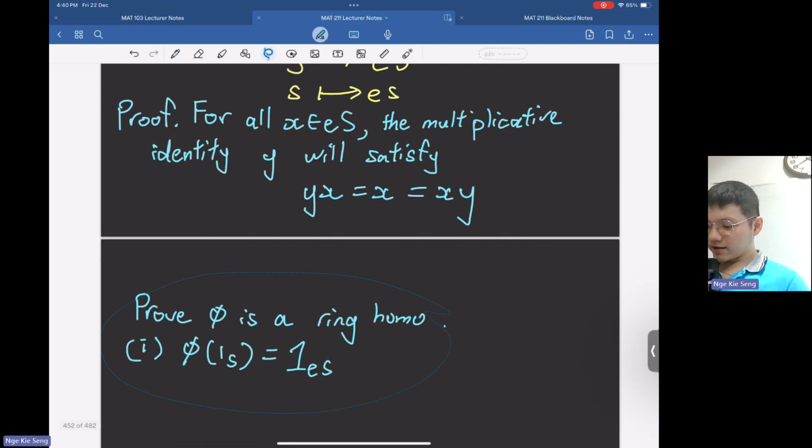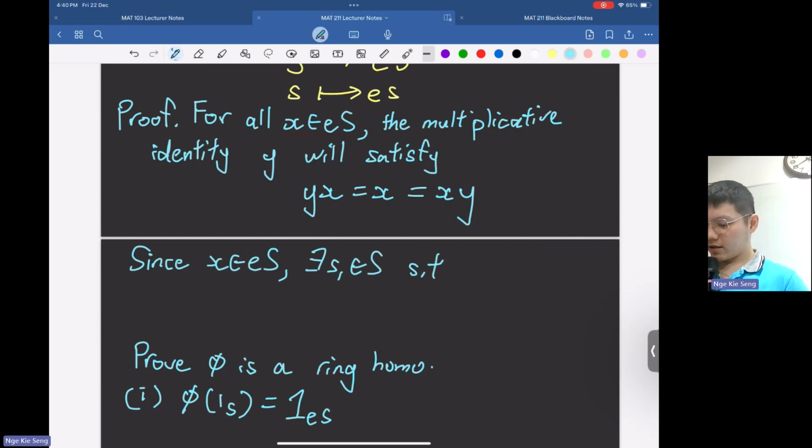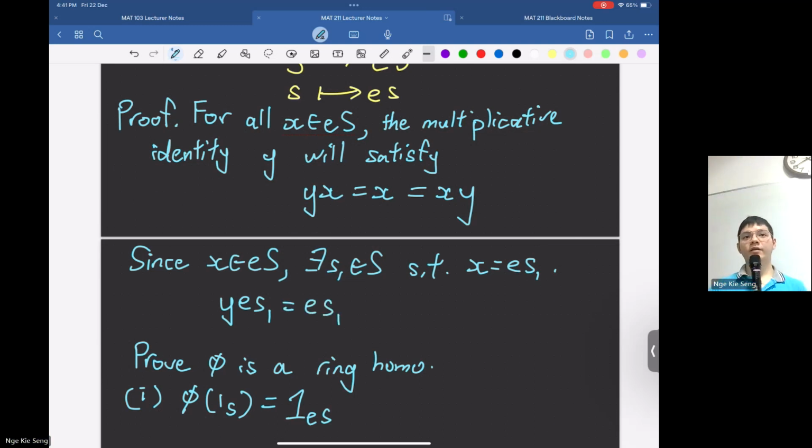So, what is x? Since x is in EX, there exists x1 in X such that x equals E times x1. Okay. So you want to find something such that y times Ex1 equals Ex. Okay. What is the y that does this? E is an idempotent.